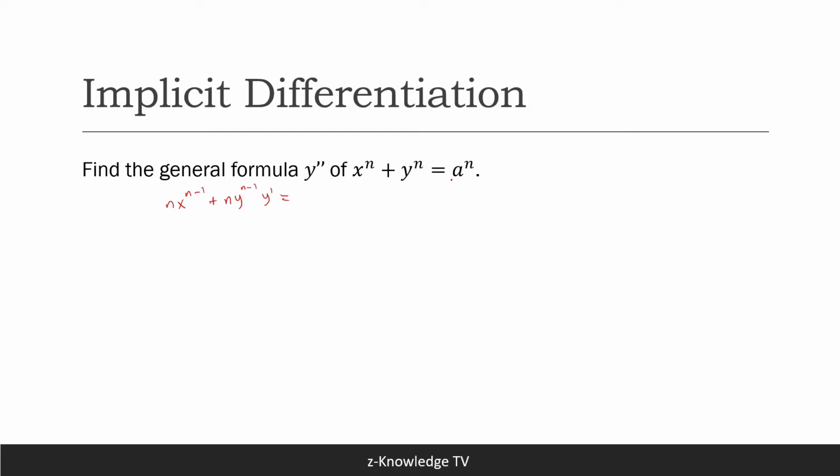Equals, derivative ng constant is 0. So therefore, kunin natin yung y prime. So, magiging n y raised to n minus 1 y prime is equal to, ilipat mo tong x na to sa kabilang side, so minus n x raised to n minus 1. So, divide both sides by n y raised to n minus 1.